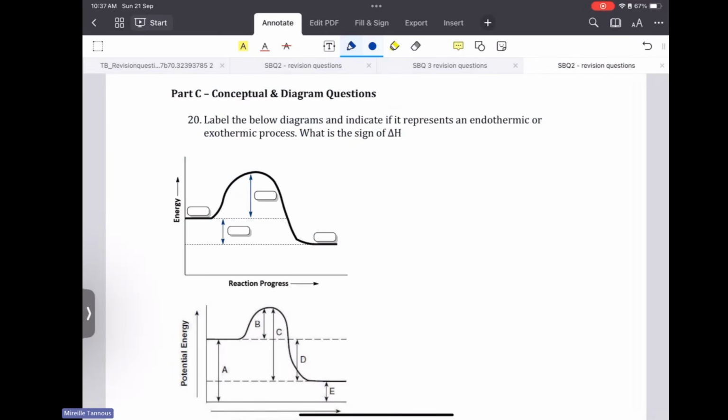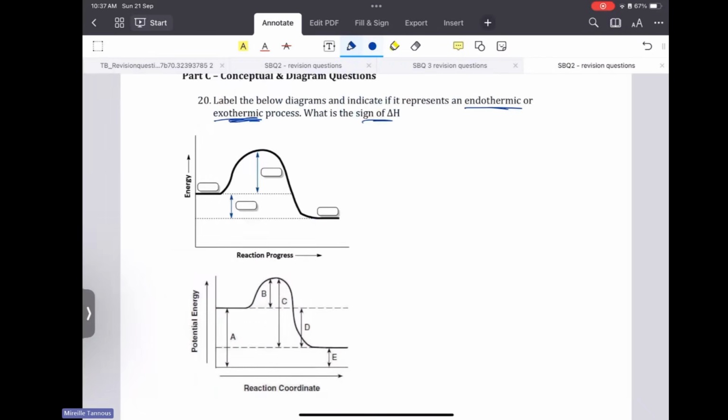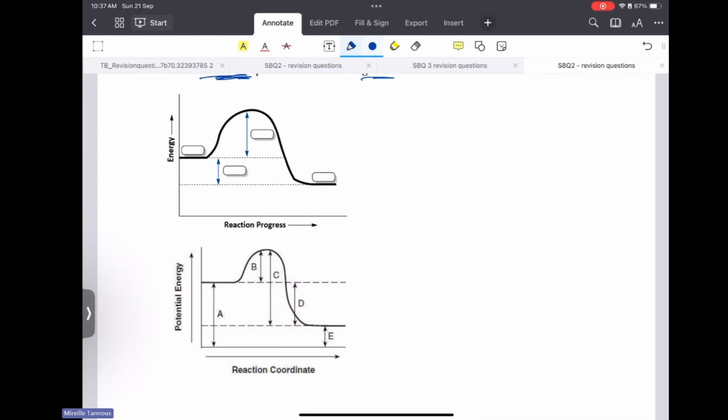Now, label the below diagrams and indicate if it represents an endothermic or exothermic, and mention the sign of delta H. Well, I'm gonna do those in more detail than what is just asked in the question, because I know very well that the diagram is very important. And there is a video tutorial simply for the endothermic and exothermic energy diagrams on my channel.